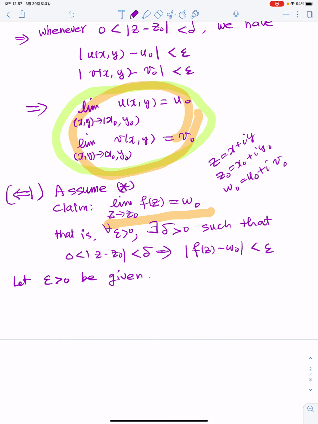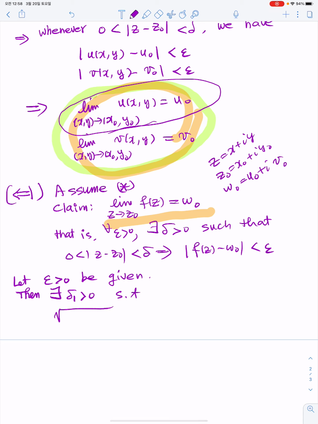Okay, then since this is true, there exists delta 1 positive such that root of (x minus x0) squared plus (y minus y0) squared is positive and less than delta 1.